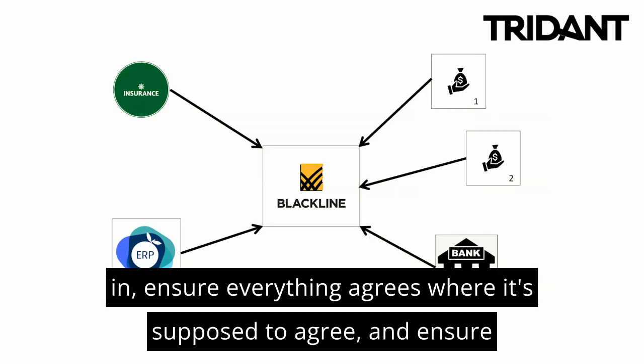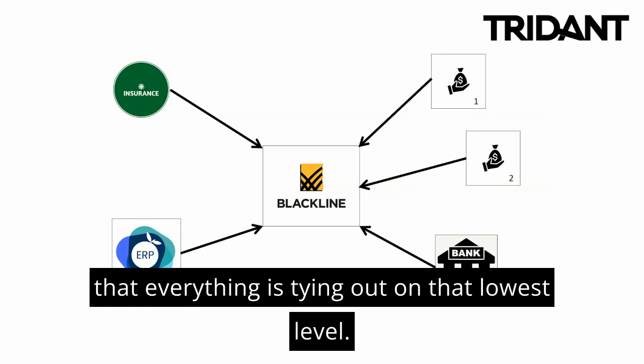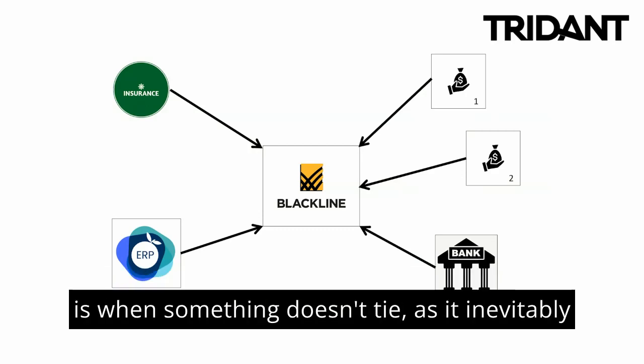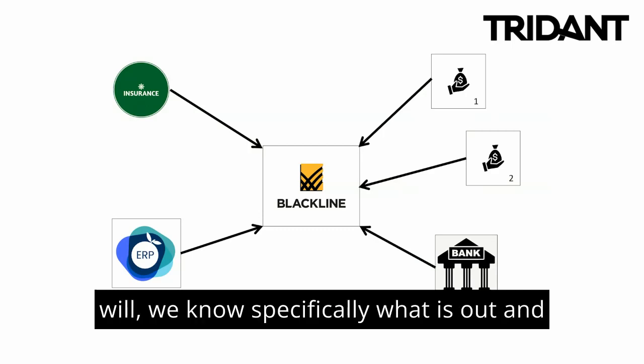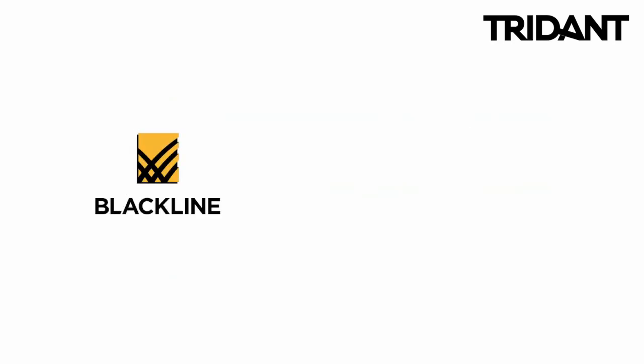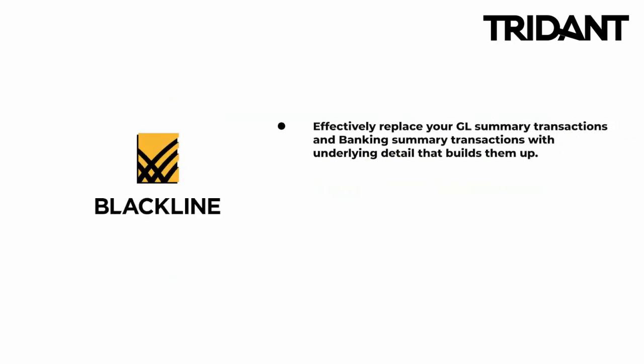We can bring it all in, ensure everything agrees where it's supposed to agree, and ensure that everything is tying out on that lowest level. What that allows you to then do is, when something doesn't tie, as it inevitably will, we know specifically what is out and can design appropriate actions around that. Effectively, we replace those GL summary transactions with the underlying detail that builds it up and match everything out at that transactional level.